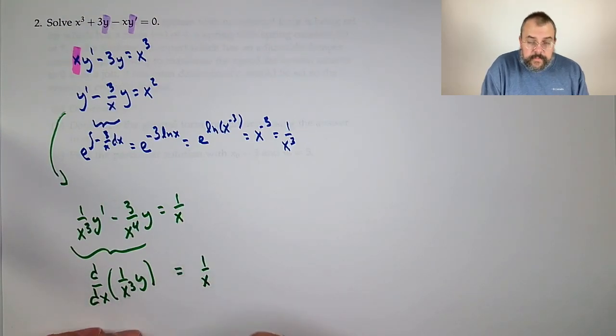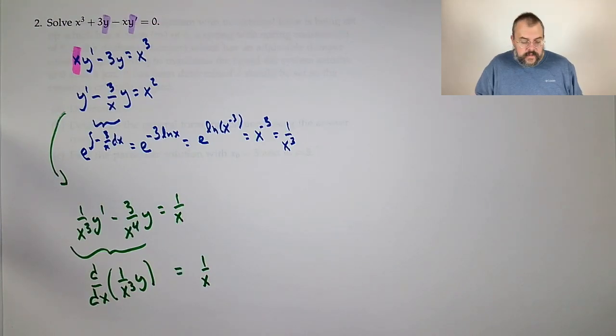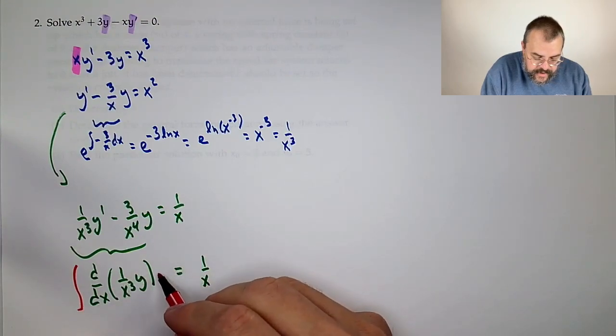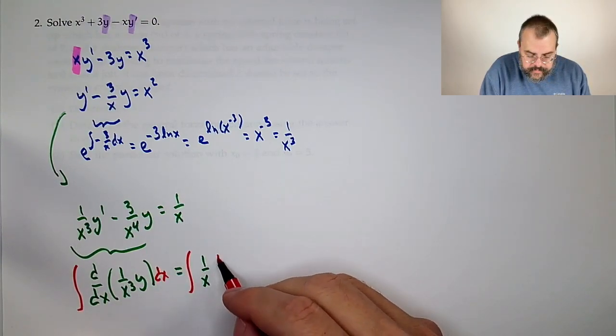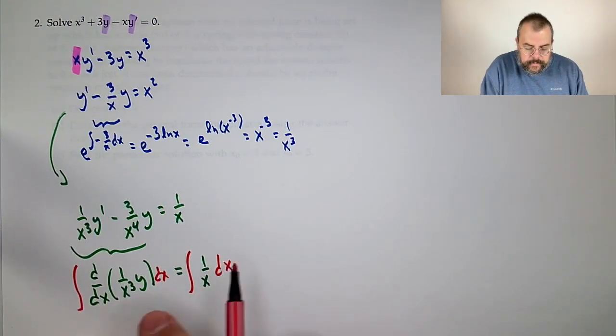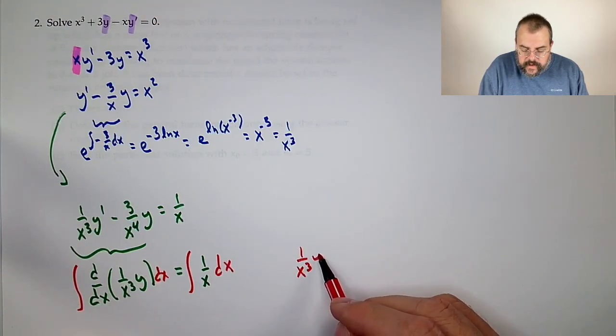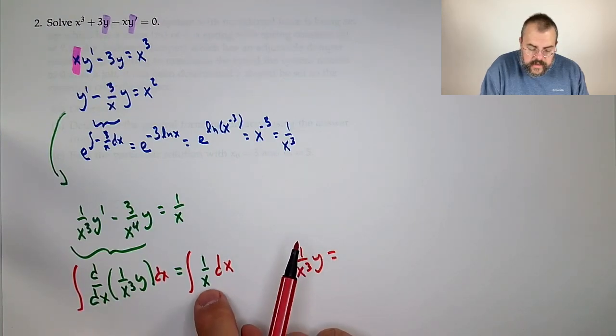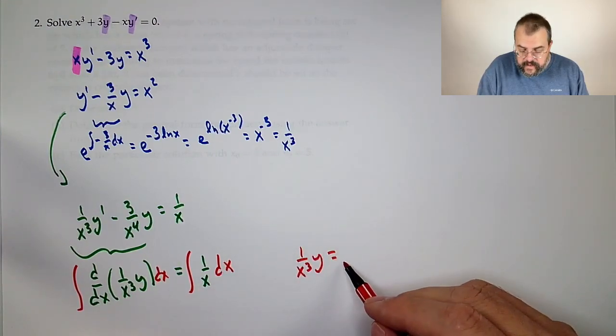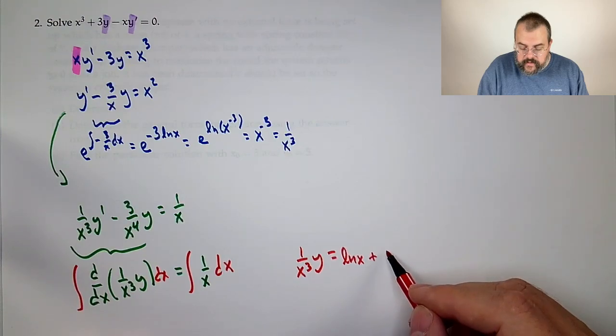So we're going to integrate both sides, and then we'll almost be done, right? So integrate with respect to x. And what do we end up with? Well, on the left-hand side, we have 1 over x cubed times y. On the right-hand side, natural log of x plus some constant c.